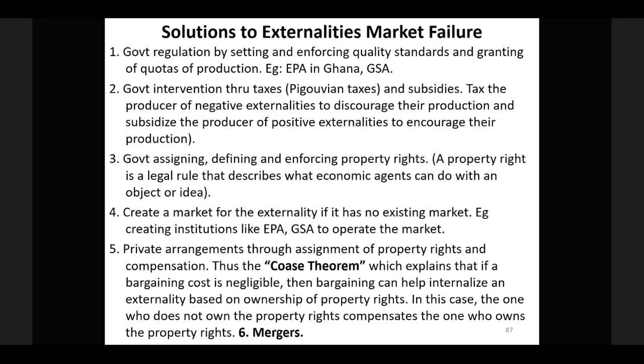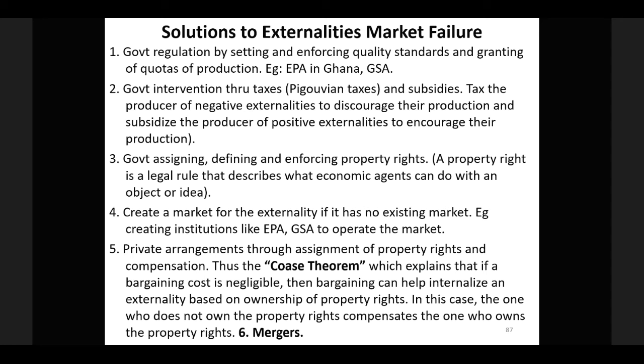Government can also come in with what we call Pigouvian taxes and subsidies. It's another way by which government can make sure the issue of externalities, especially negative externalities, is resolved.